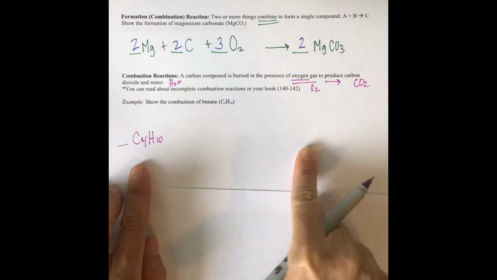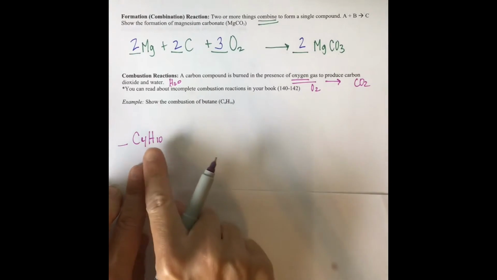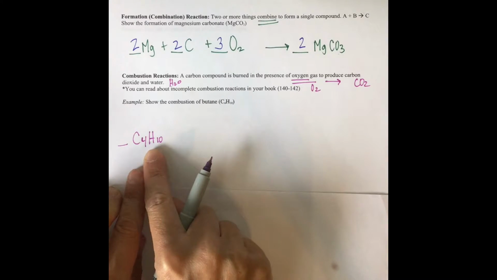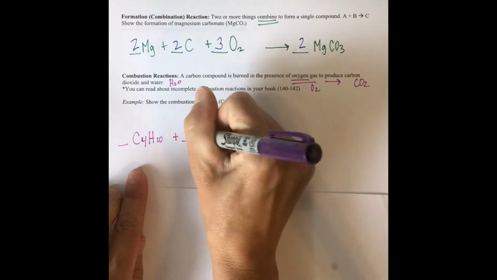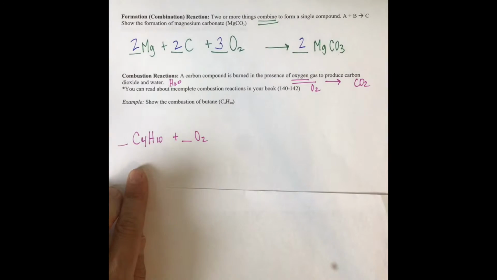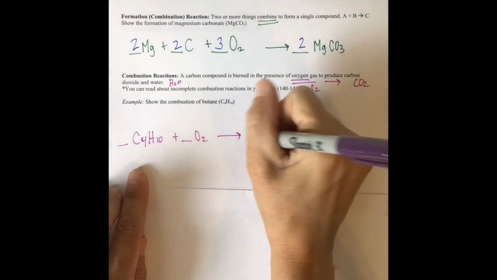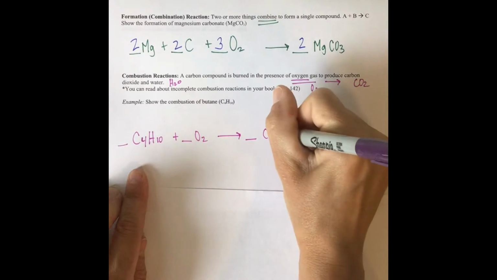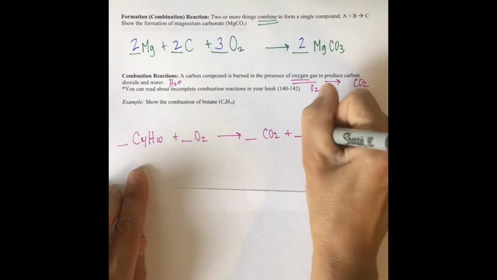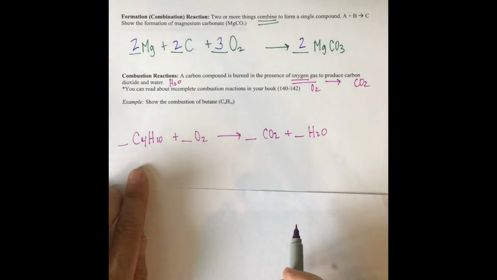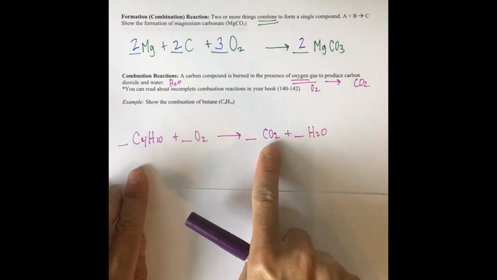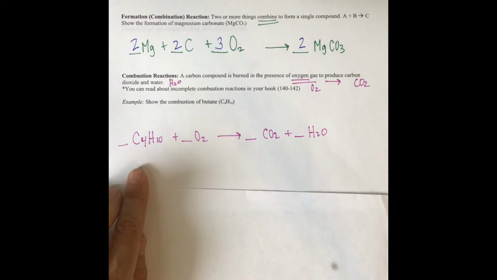So let's get our problem set up. It says our carbon compound is burned with oxygen gas to produce carbon dioxide and water, H2O. These will always be the same for a combustion reaction, so that should make it pretty simple to memorize.